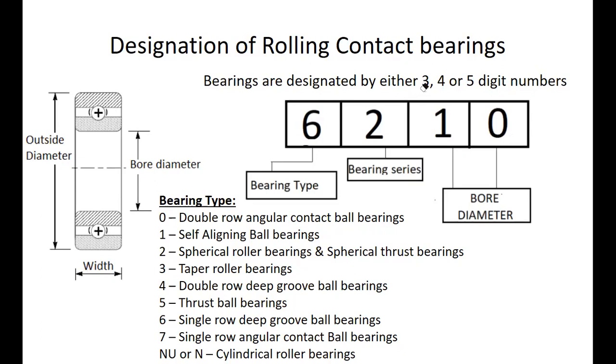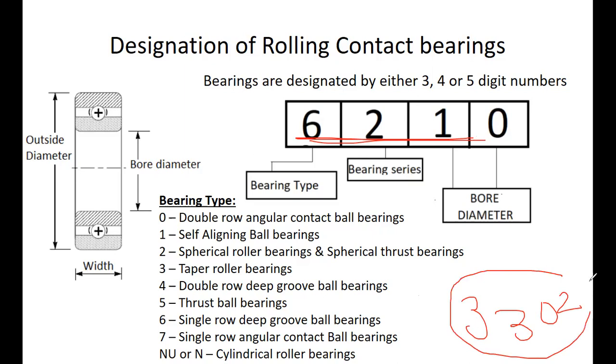For example, if in the exam it is said, tell me the meaning of 3302, like 6210 is written here, then you should be able to know the meaning of 3302.